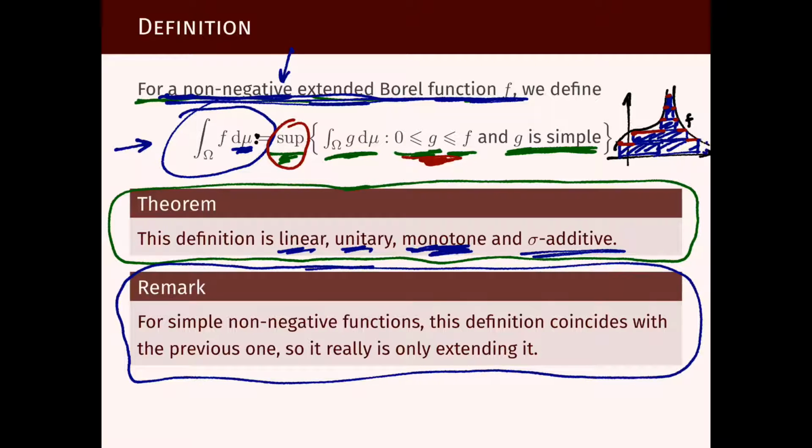That is simply because if f is simple, the supremum here will be attained by taking g equal f. And then by monotonicity, of course, you cannot go above f. And since you can get a function that is equal to f, then the supremum will be the integral of f. So this definition is consistent with the previous definition.